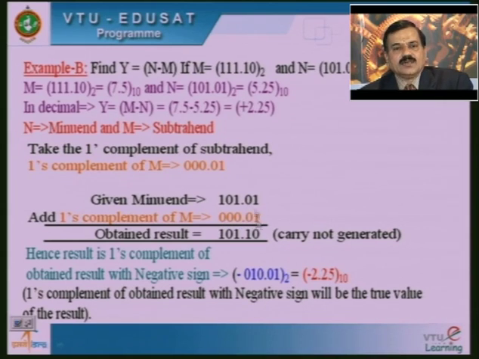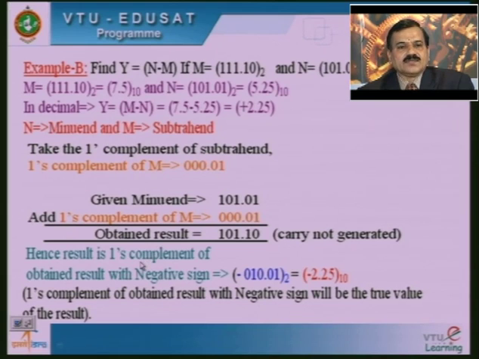The result: 1 plus 1 gives 10, the 1 is taken as carry and 0 is written, then 0 plus that carry value 1 becomes 1, and 1 plus 0 is 1, 0 plus 0 is 0, and 1 plus 0 is 1. So the obtained result is 101.10. Carry is not generated.